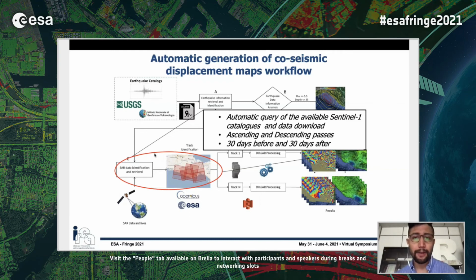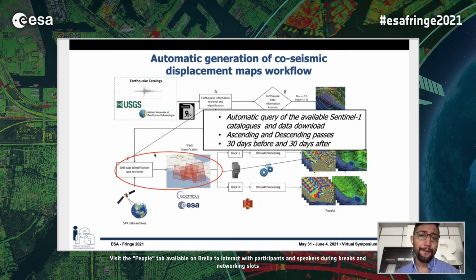We can select the ascending and descending passes of the area of interest, depending on the earthquake magnitude. For example, for the earthquake of magnitude 7.4 in China last week, we selected more or less 5-6 tracks in an automatic way. All those images can be selected to start the processing in parallel and create an interferogram of the displacement map.